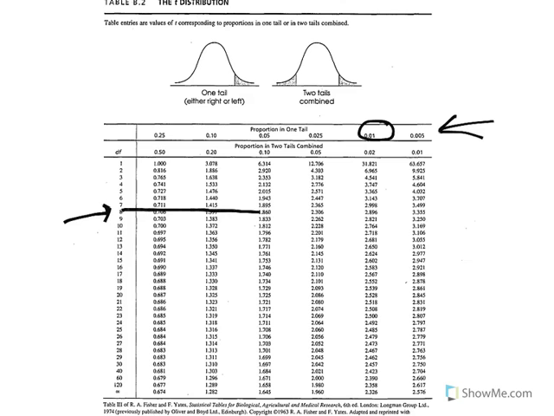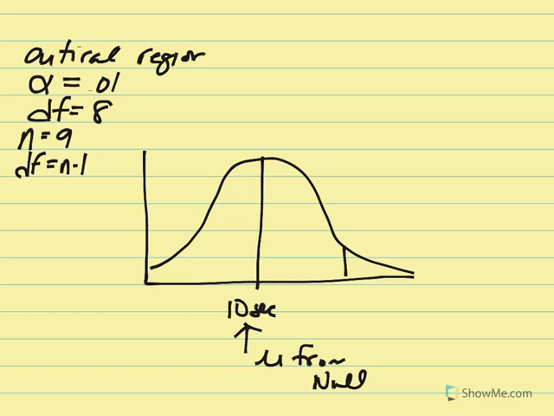We just see where these values intersect with one another, and we find that our critical t is equal to, and instead of putting the positive and negative version, we're just going to put the positive version because, again, we're focused on one side of the distribution given the hypothesis stated. So our critical t, again, is 2.896.